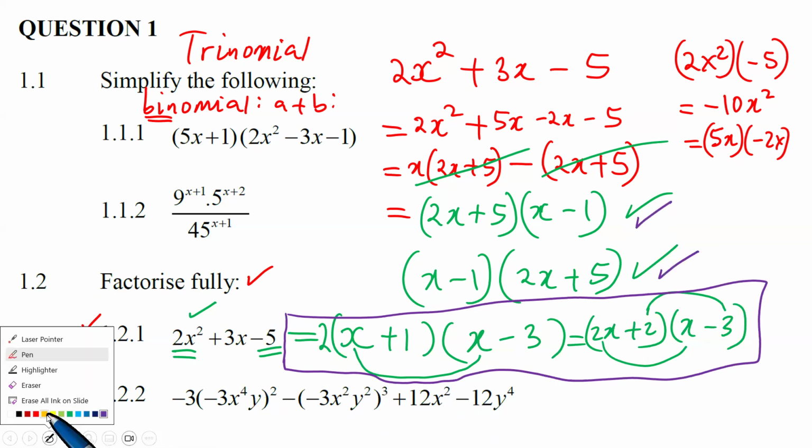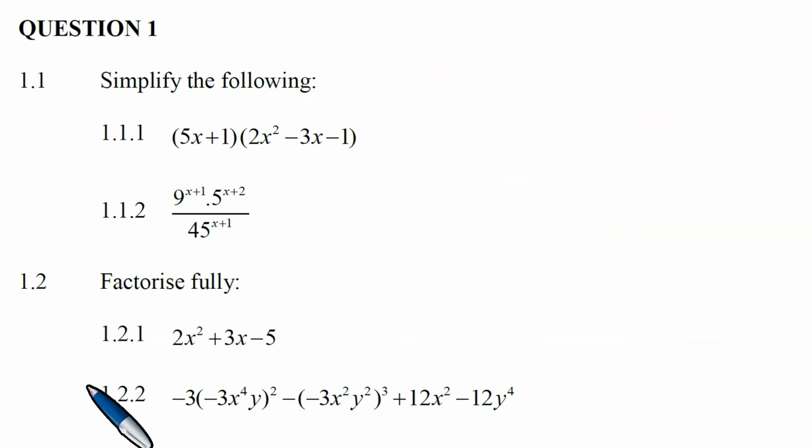Right, the next question is the following. It is 1.2.2, and we need to factorize fully the given expression.